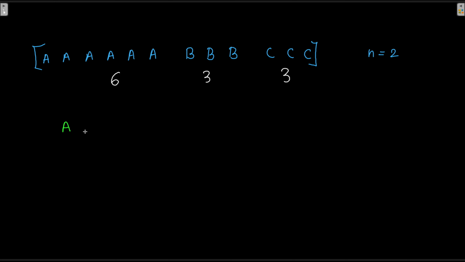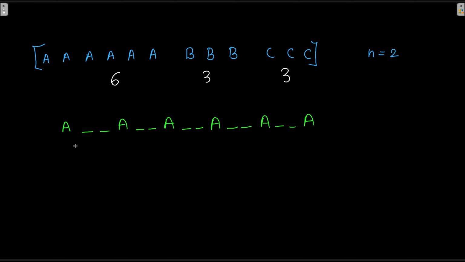So we'll have A, and then we need to have at least two CPU cycles between each consecutive task of A. So I'll put 2 empty spaces which represent the least number of CPU cycles in between them, the cooldown period, and then another A, then 2, then another A, then 2, then another A, then 2, and then another A, and then finally more 2, and then A.